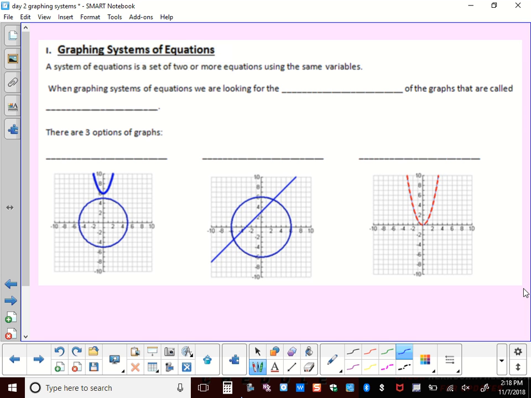A system of equations is a set of 2 or more equations using the same variable. When graphing systems of equations, we are looking for the solutions of the graphs that are called, I don't know, intersections. I gotta come back to that one because I think I messed that one up.